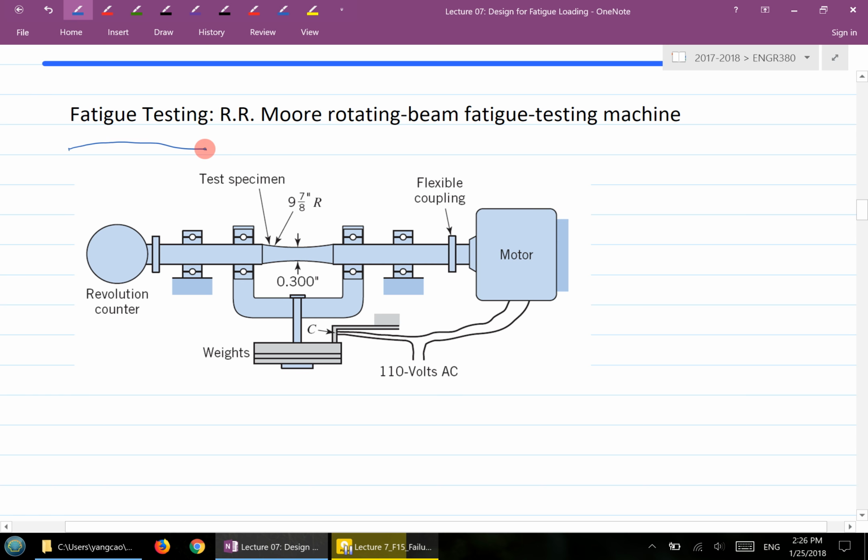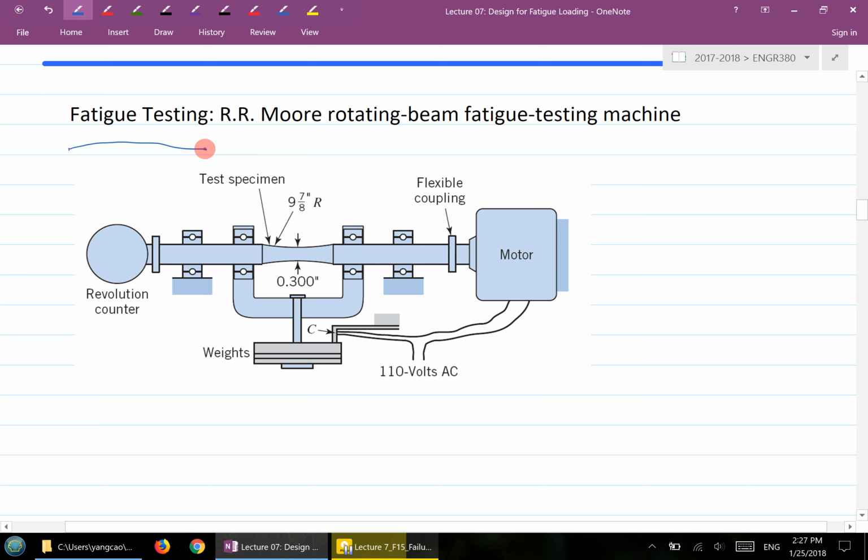It uses the so-called R.R. Moore rotating beam fatigue testing machine. We actually have one of these in our lab, and it used to be a fourth-year mechanical engineering lab. But this lab is practically so boring, you just set it up and let it go, and after a little while the part will break.